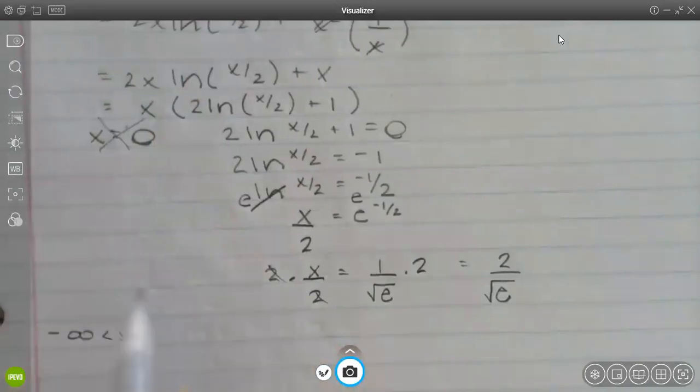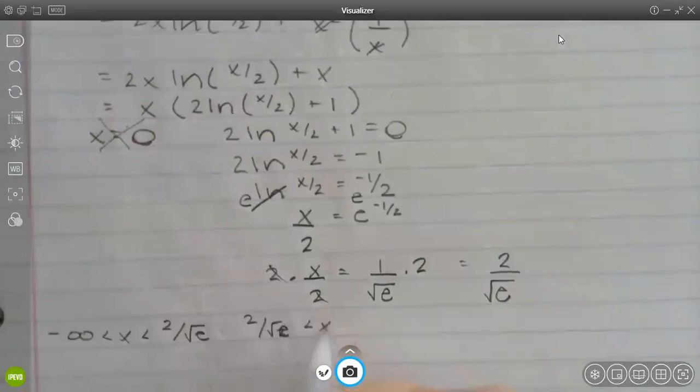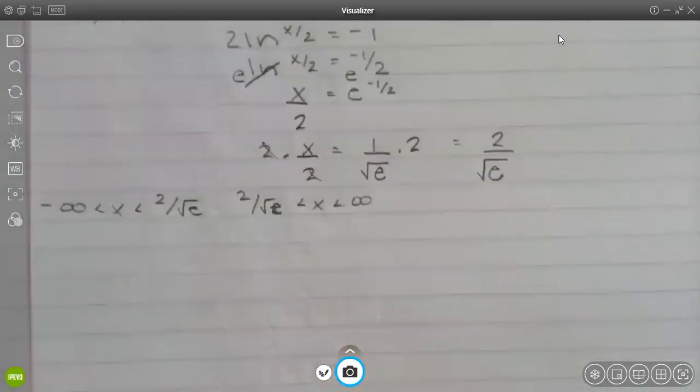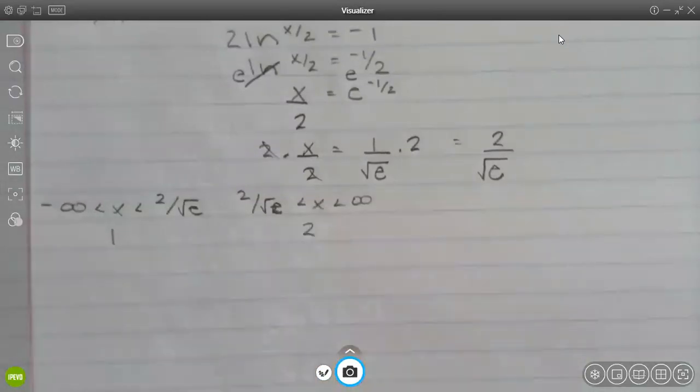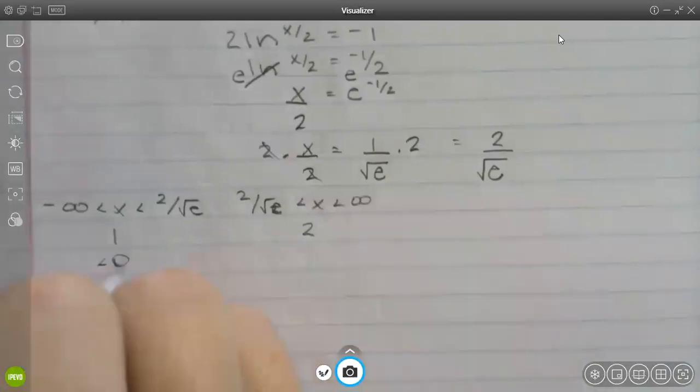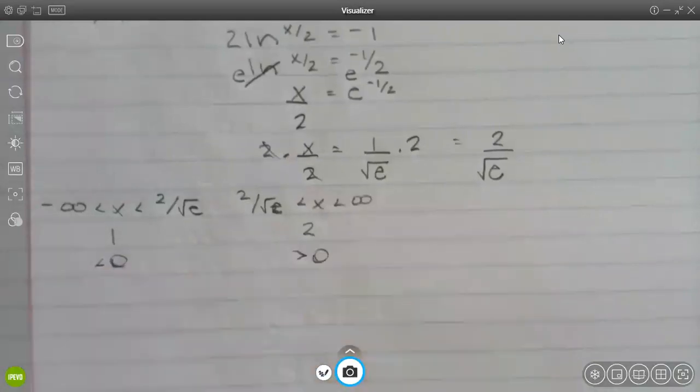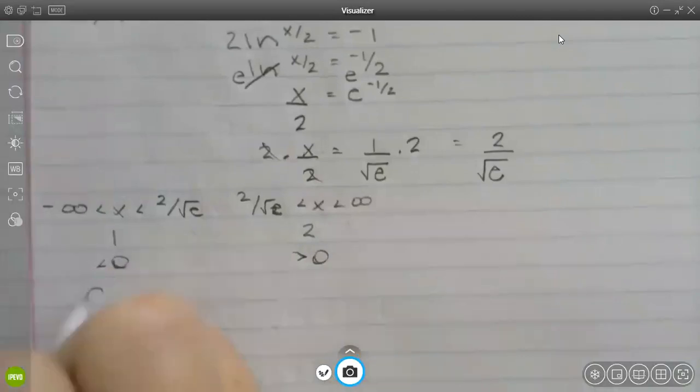So we're just going to 2 over the square root of e. Your values you can test are 1 and 2. Anything less than 1, anything greater than 2 is going to work. You get a less than 0 and a greater than 0, which means this is decreasing and this is increasing.